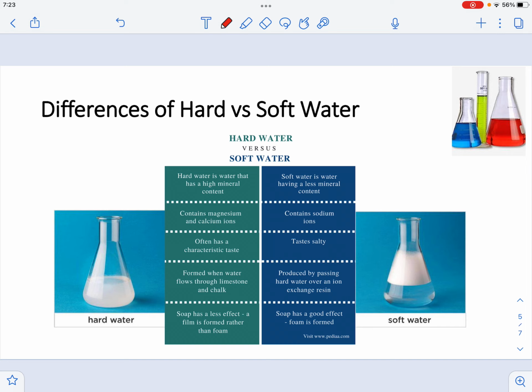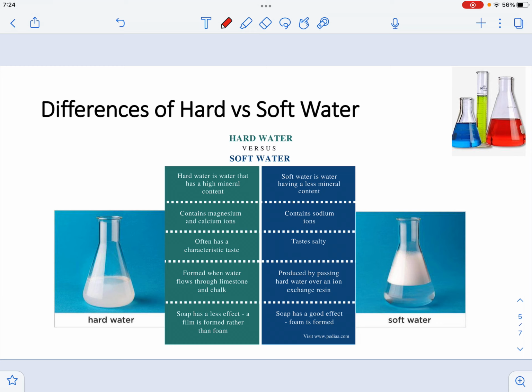Now, how we make soft water is by passing the hard water through an instrument that is called an ion exchange resin, in which the divalent cations are going to be retained in the instrument, and then as the water is passing through, the sodium cations are going to be incorporated in the water. That's why it's called an exchange.